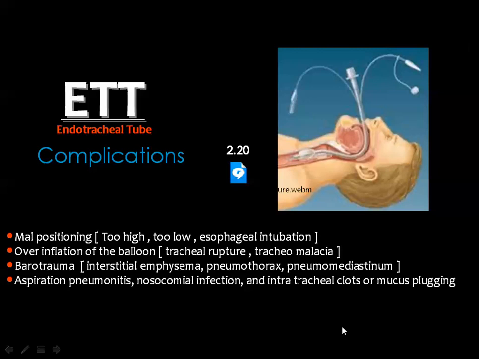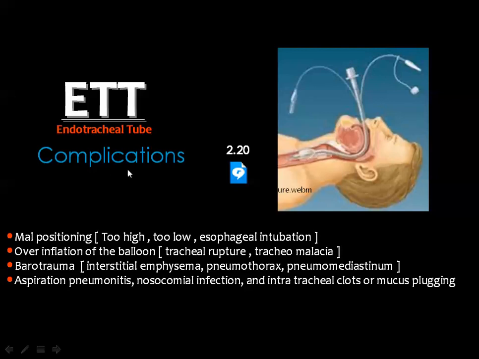And this is the demonstration of how the endotracheal tube is inserted, and you inflate the balloon not too much, but enough to keep the tube in position. Then you fix the tube in appropriate position, which should be about 5 centimeters proximal to the carina.